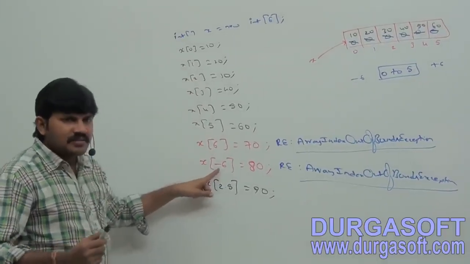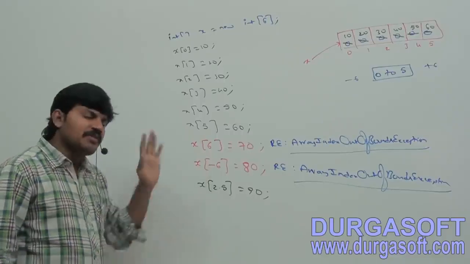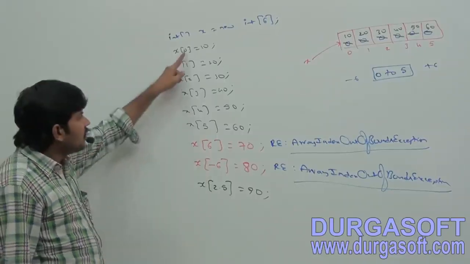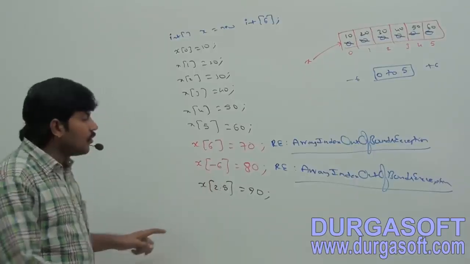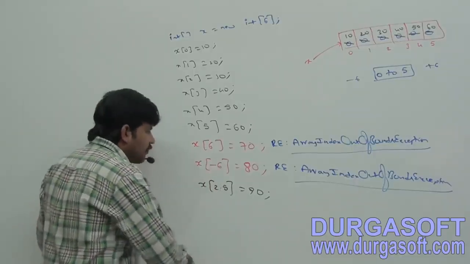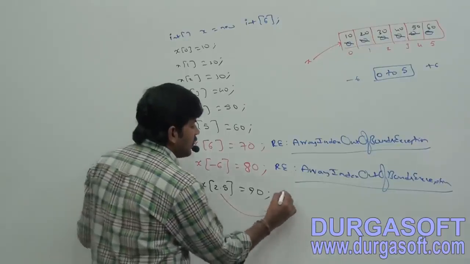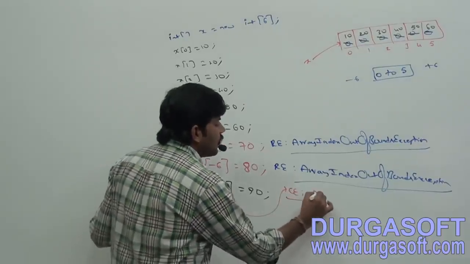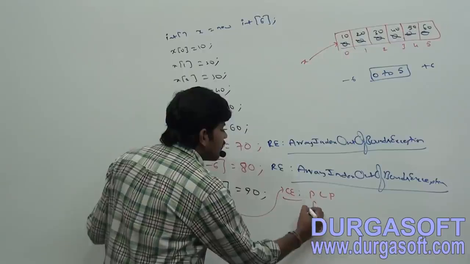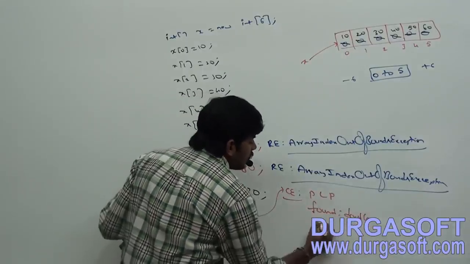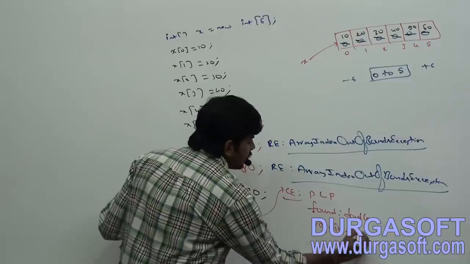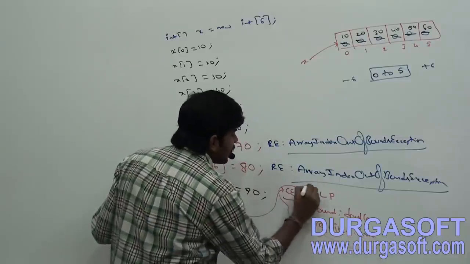Plus or minus, within the range, out of range, my JVM is going to take care. Is it a valid int value or not? No. Immediately we are going to get a compile time error saying possible loss of precision, found double, required is nothing but int. This is the compile time error we are getting.